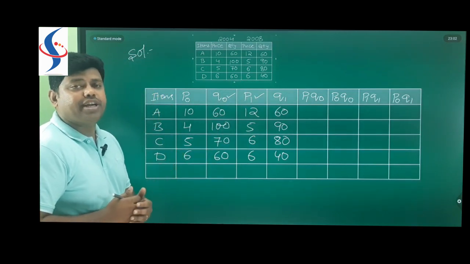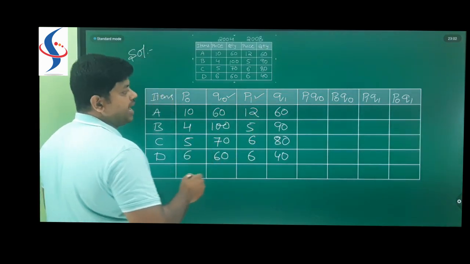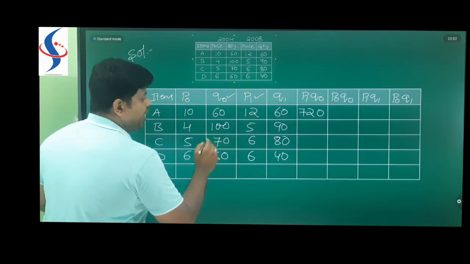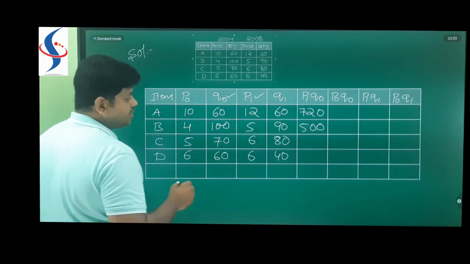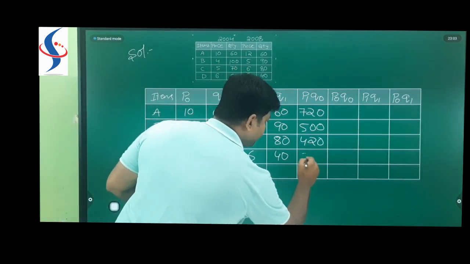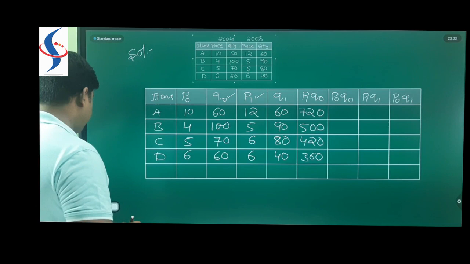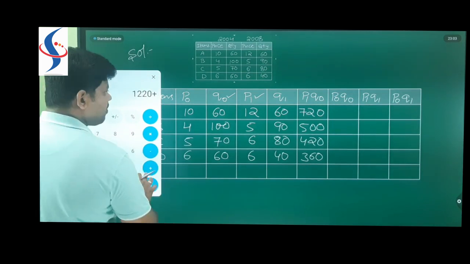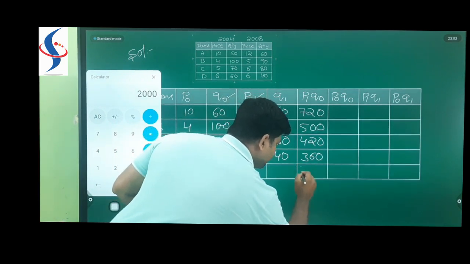Either you can use a calculator for this or mental calculation is also okay. 12 60s are 720, 5 100s are 500, 6 70s are 420, 6 60s are 360. Then you need to add this. I am using my calculator. When I add this, I got 2000.